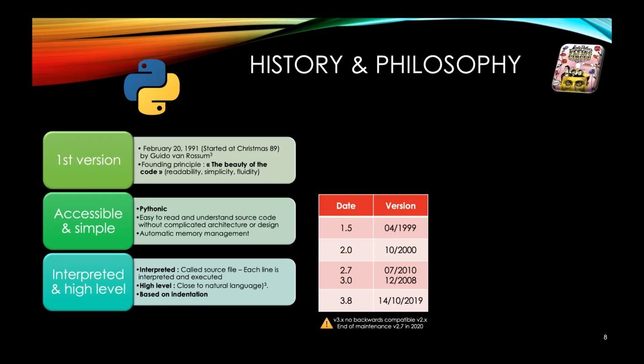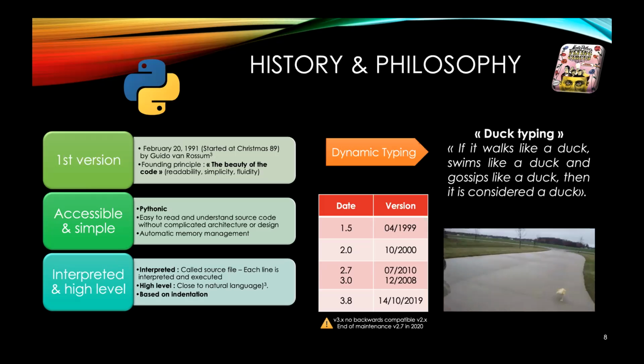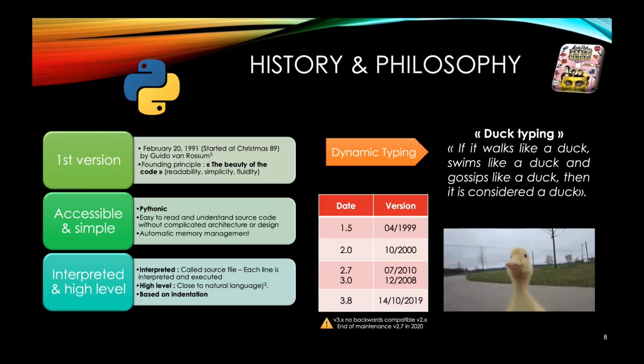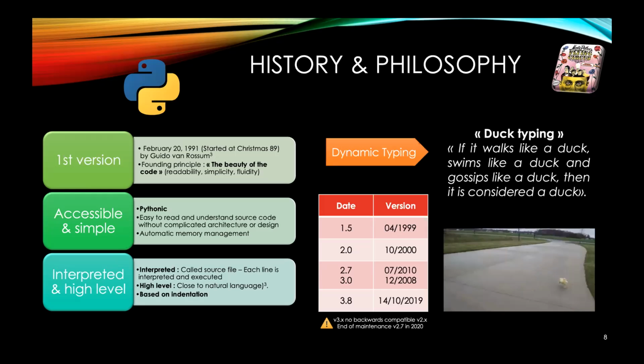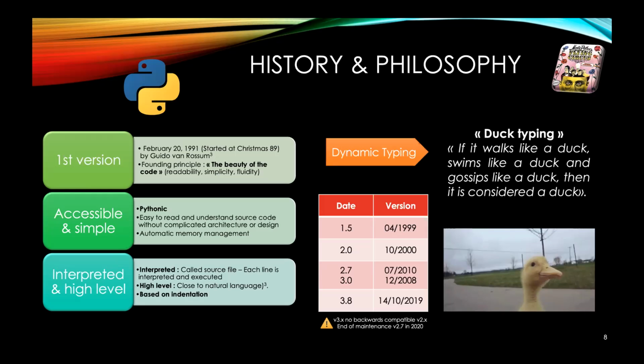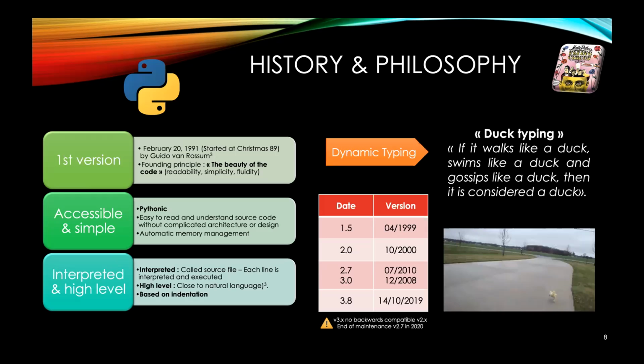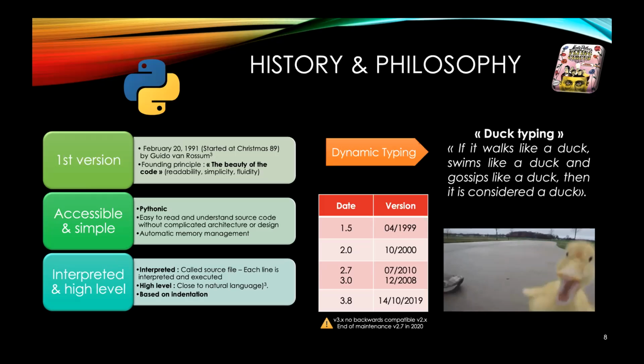There is another important piece of information about Python for us: it is dynamically typed. We can consider the duck typing principle: if it walks like a duck, swims like a duck, and quacks like a duck, then it is considered a duck.